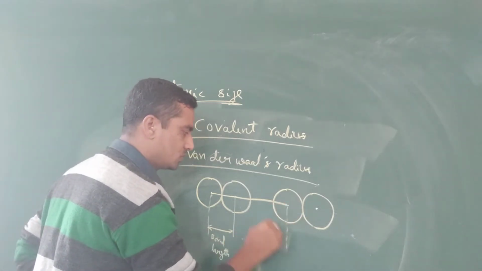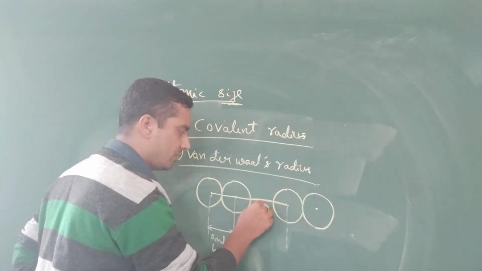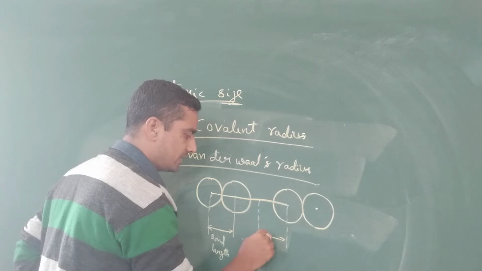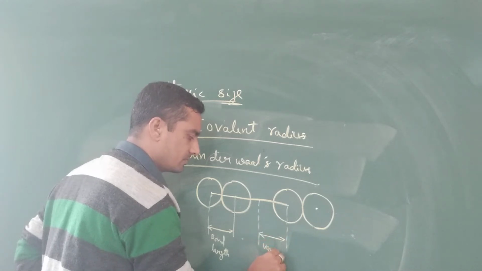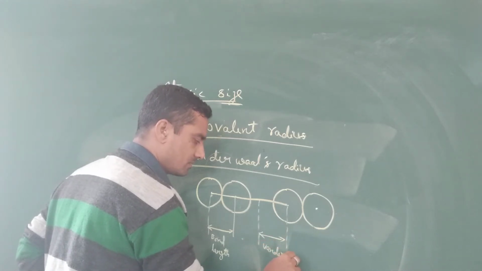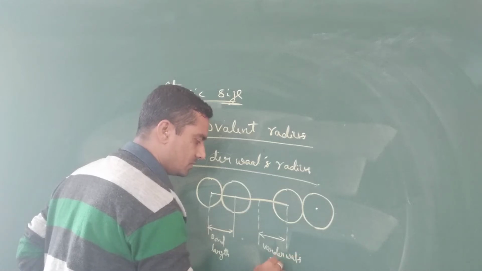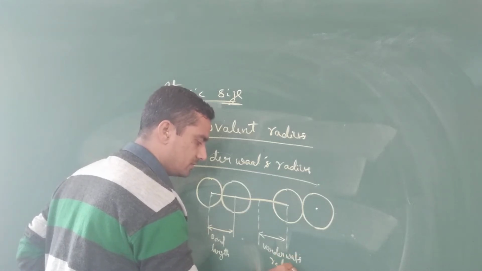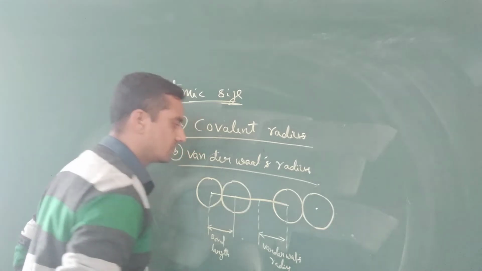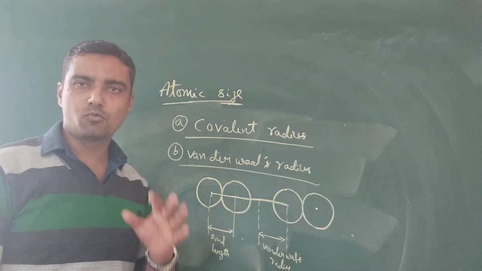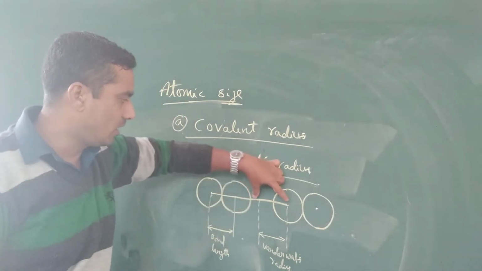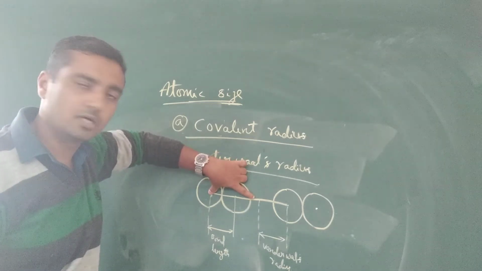Even here, this exact half we call the van der Waals radius. If we come to the van der Waals radius, this is one half, this is the other half. Understood?